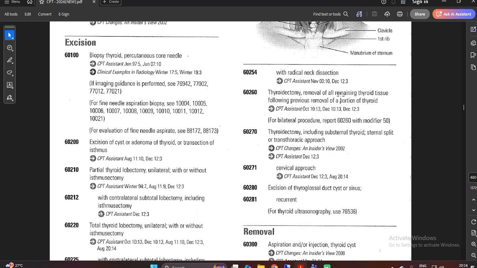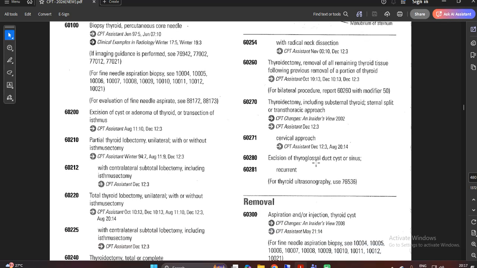So what do you check in the operative report if you want to code 60260? What do you check in the documentation? Previous thyroid. Perfect. So you need to check whether the patient has had a previous thyroidectomy or not. Okay. So if you want to code 60260, the patient must and should have had a previous thyroidectomy.